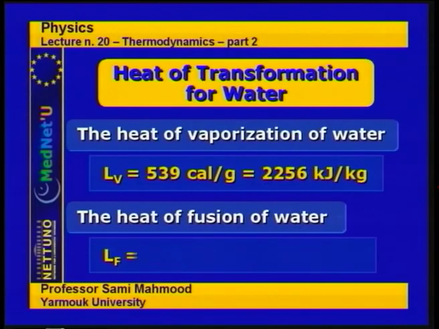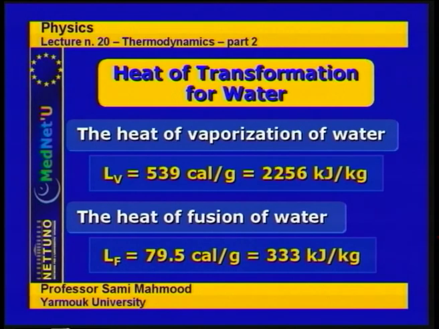The heat of fusion of water is given by L sub F equals 79.5 calorie per gram, or in the international system 333 kilojoule per kilogram.